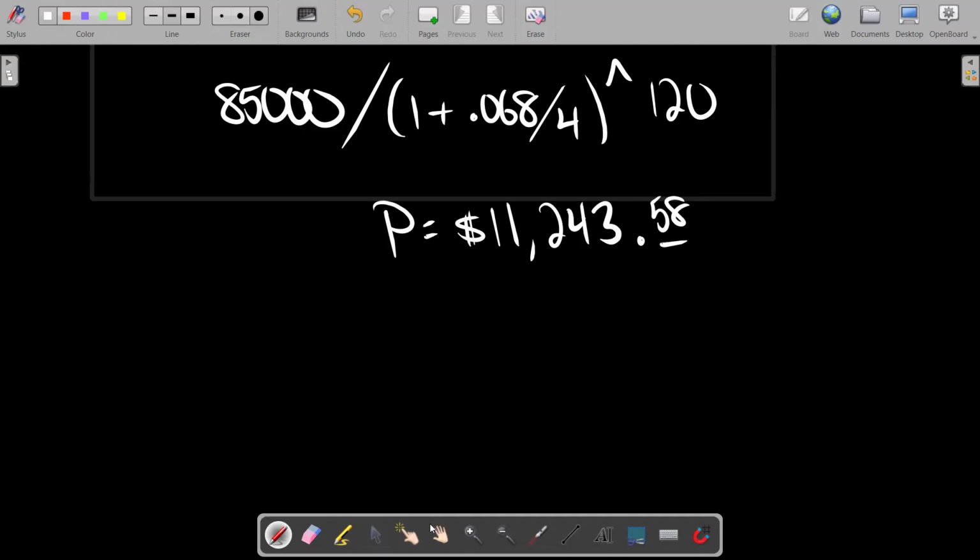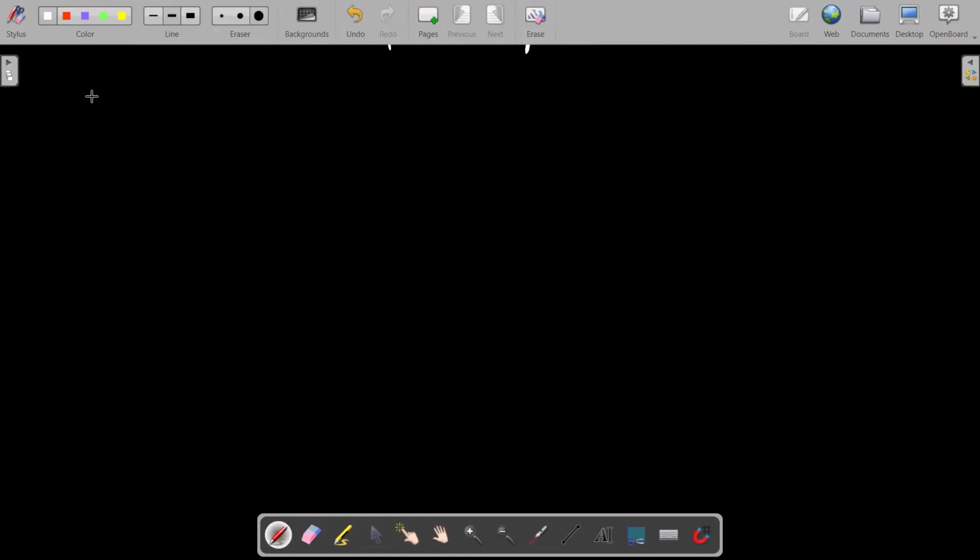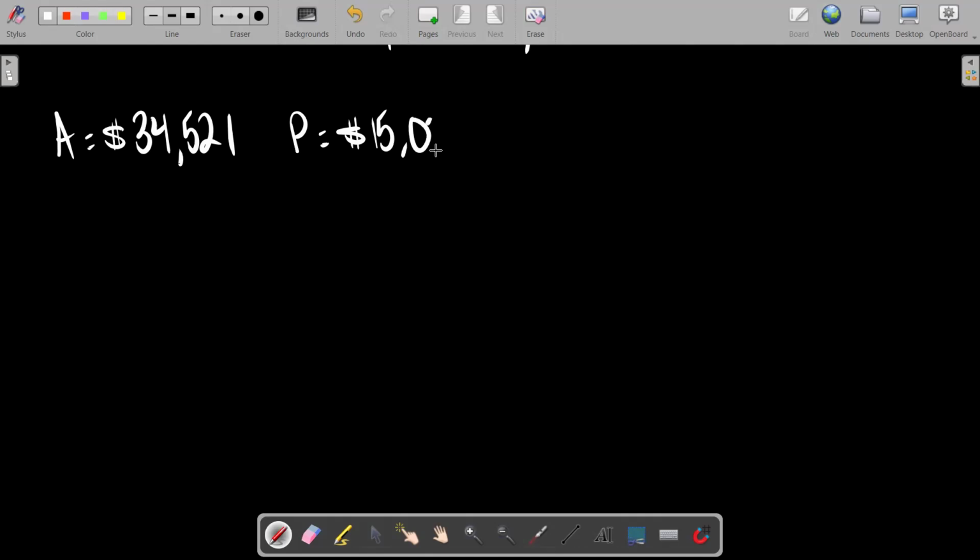All right, in our second example, we're going to solve for something else. So in our second example, we're again going to have a final amount of 34,521. We're going to know our starting amount, 15K. We're not going to know our interest rate.